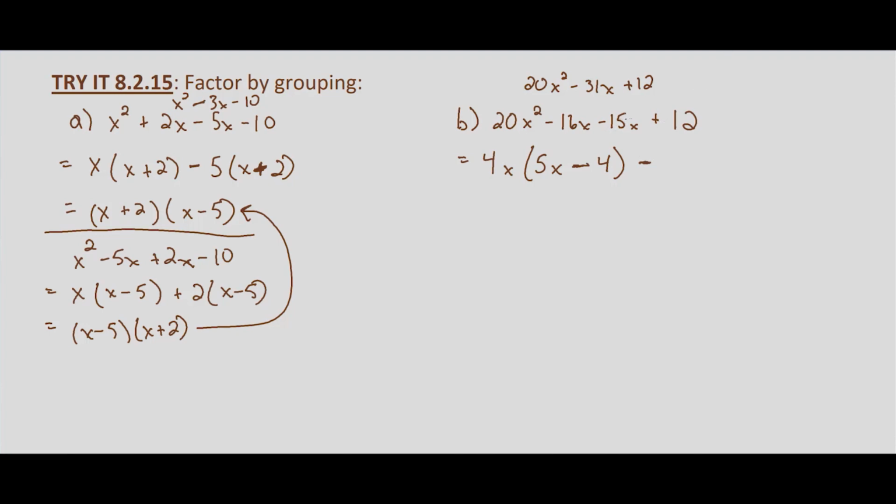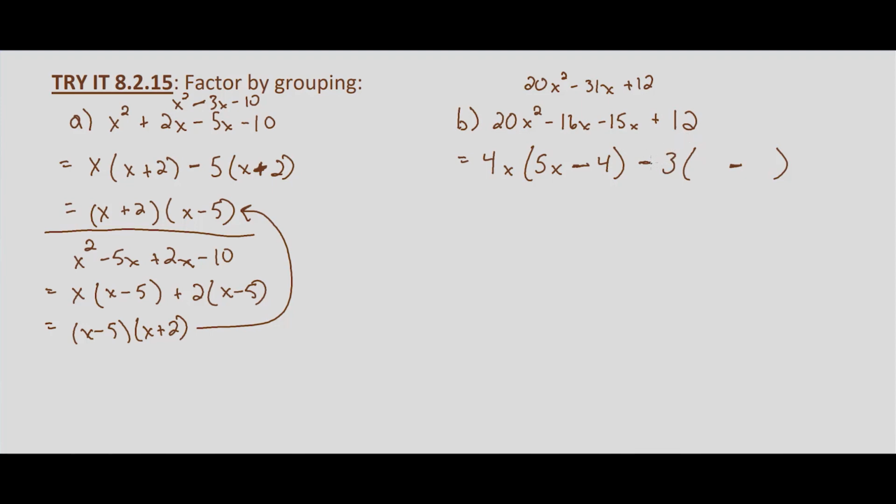what's the common factor of, now remember we're going to be changing this, let's go ahead and write our parentheses here. Because we're factoring out the negative, we have to change this to a minus, because we want the 12 to be positive. So what's the common factor of 15x and 12? This is 3 times 5x, and this is 3 times 4, so it's going to be a common factor of 3.